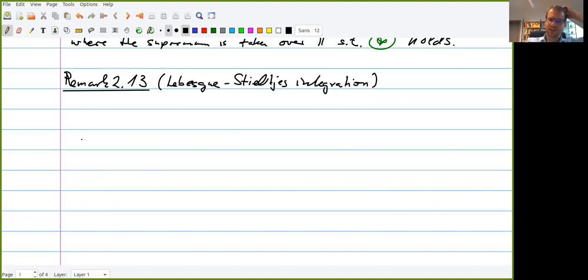So what has this to do with the variation process? Let's consider g, a deterministic function from 0 to infinity to R. Everything is one-dimensional to keep life easy.